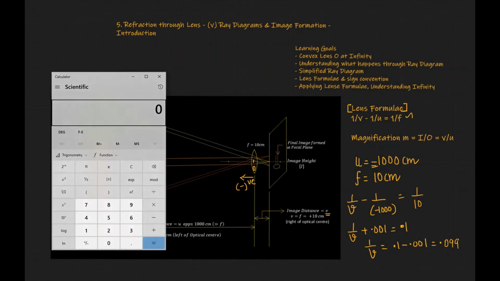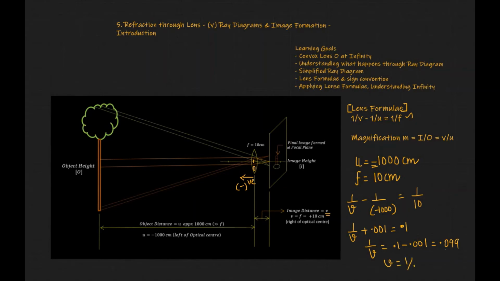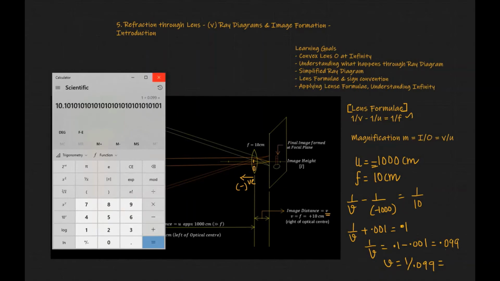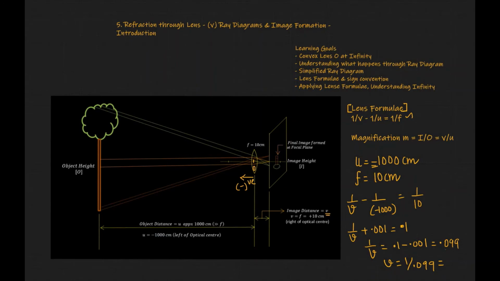So let's find out what V will be. So V will be 1 by 0.099, that will be 1 divided by 0.099, that's equal to 10.10 centimeters.